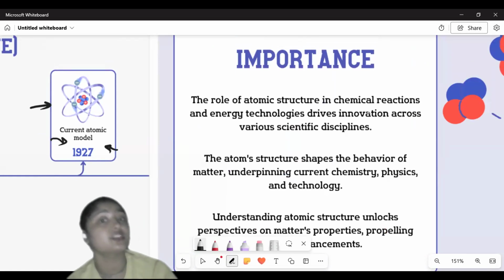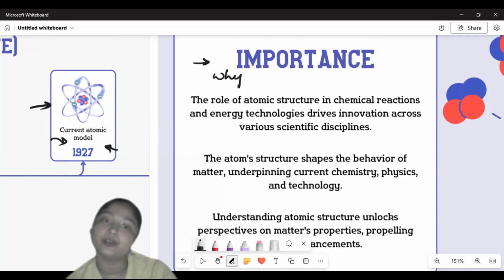Then comes the importance. Why is it important to understand and study atoms? The question can be asked: why is it important to learn, or what is the importance of atoms?